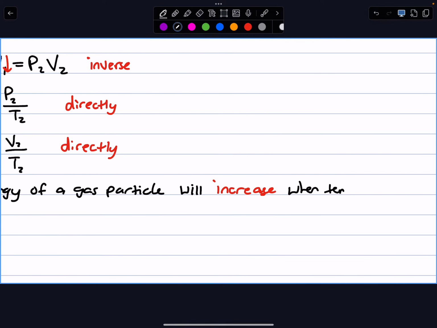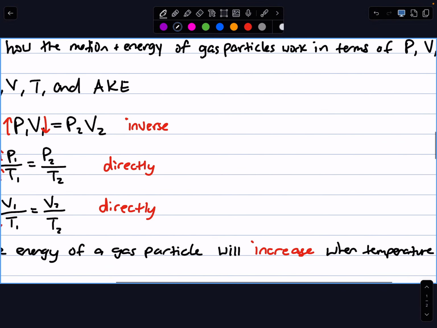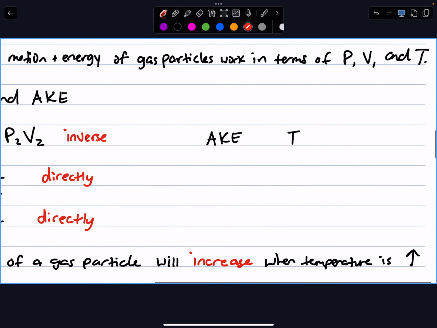It will increase when temperature is what? If I increase the temperature, what happens to the energy? Increasing. So then we have another variable, average kinetic energy and temperature. They are directly proportional. There's no formula for them, but they're direct. So if one increases, the other increases.